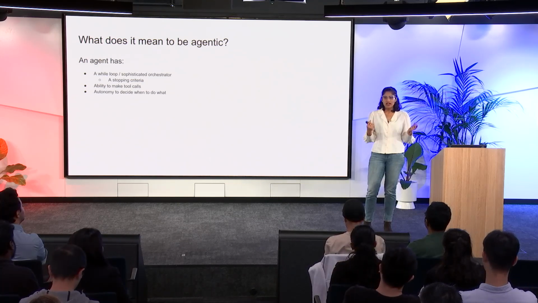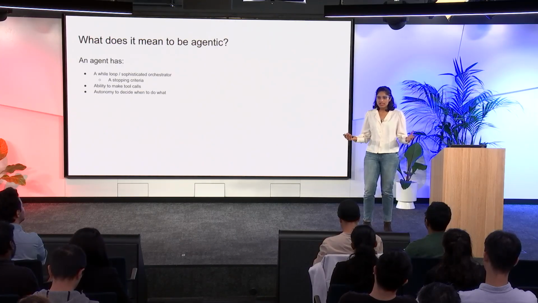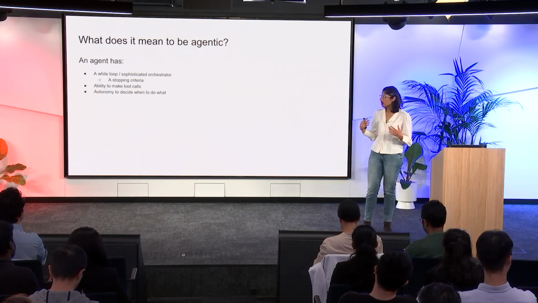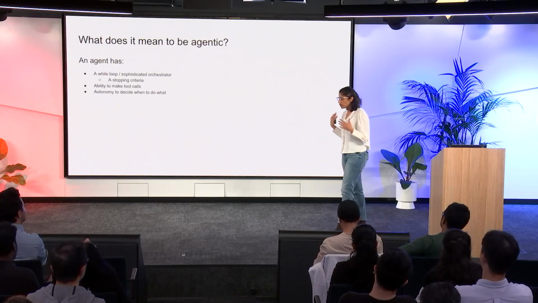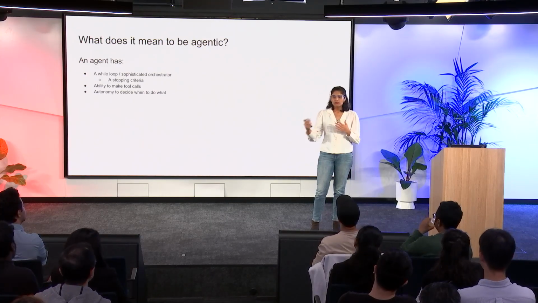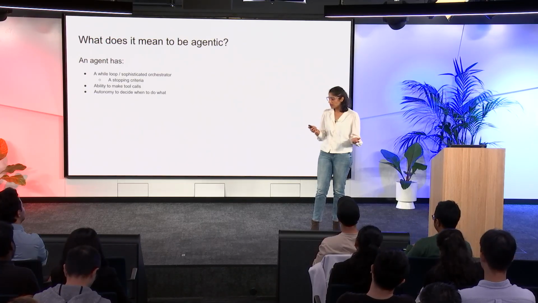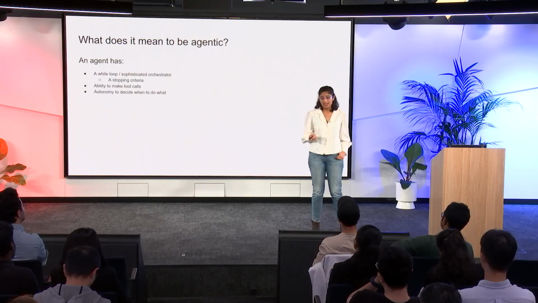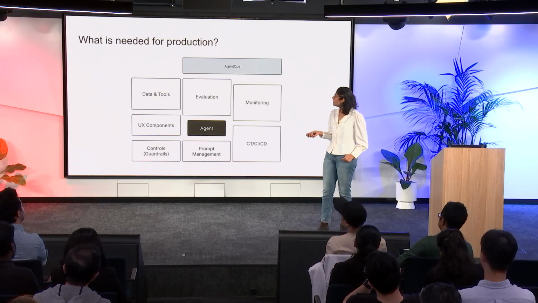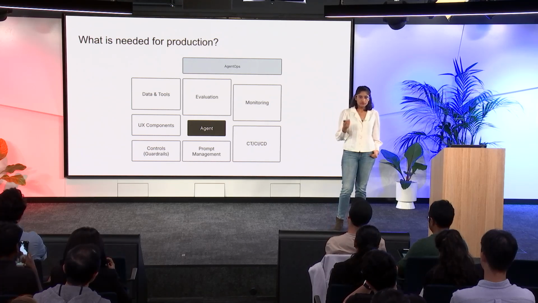And the answer is most of the time you don't need an agent. But when you do need the ability to get a lot of context in, or to have some long-running operations, or to decide on the go what you want to do, then you probably end up developing an agent.